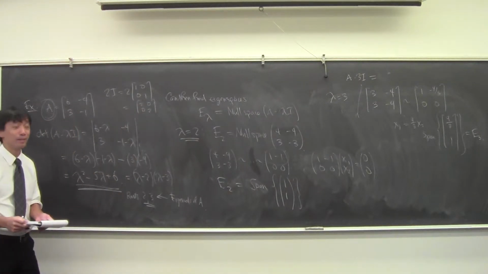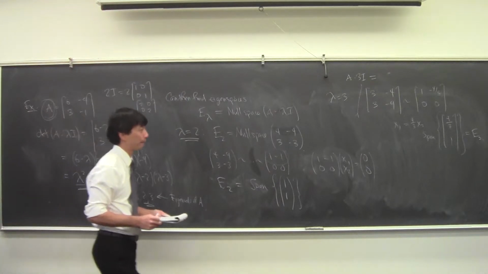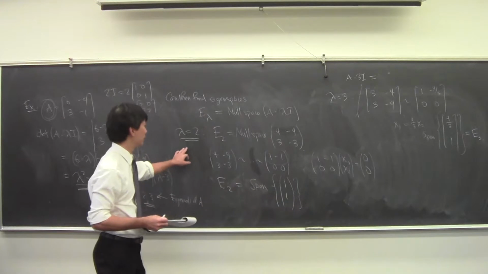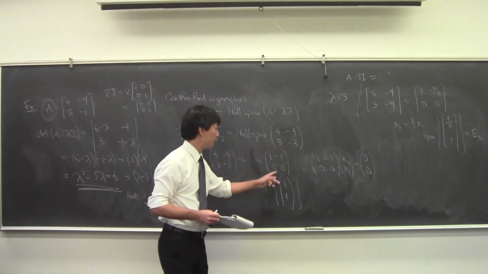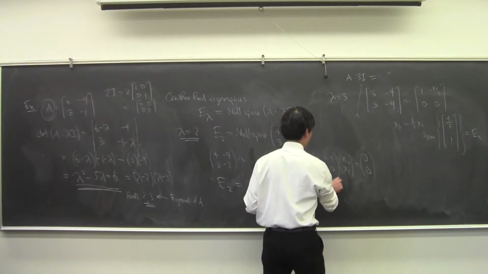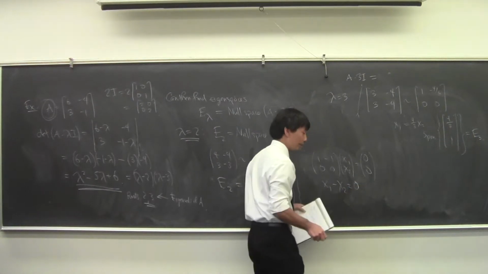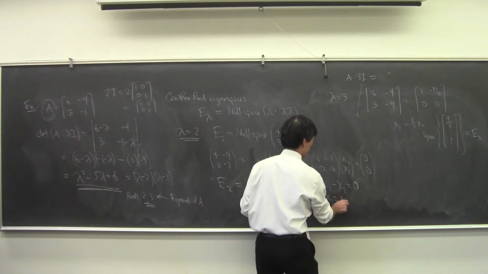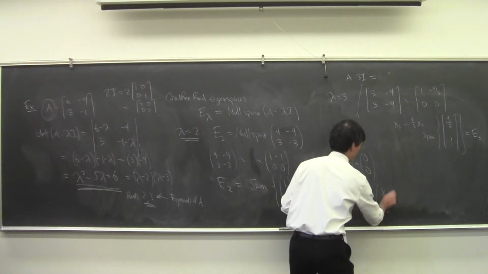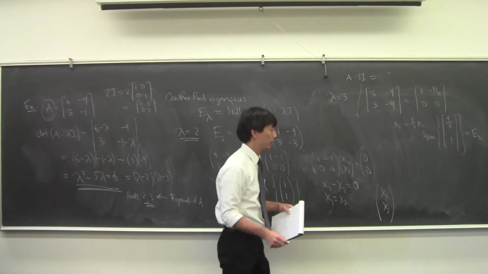And then my other question is that, so for 2, you said the span is 1, 1. Yeah, the span of the vector 1, 1, right? Because our equation was x1 minus x2 equals 0, right? That tells you that x1 is x2, right? That tells you that your vector looks like this, x2, x2, right?